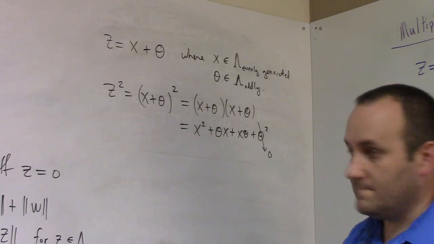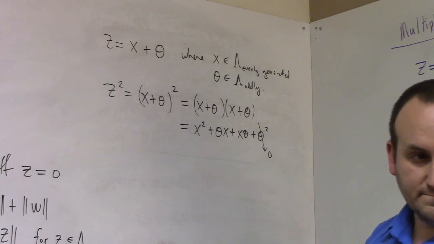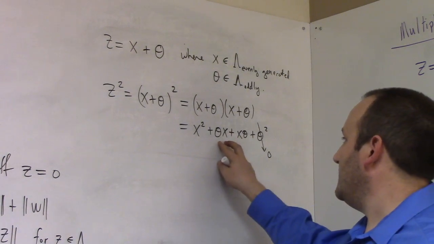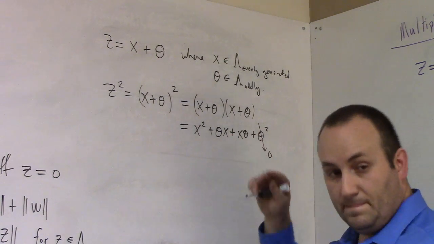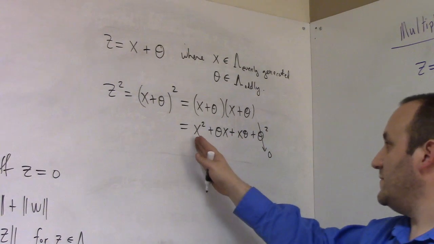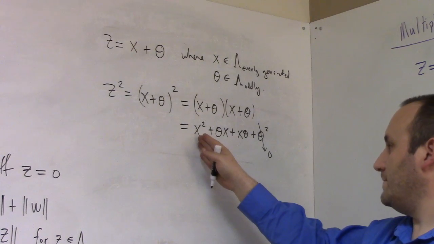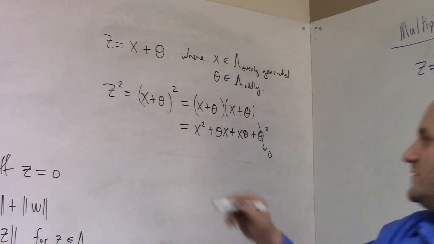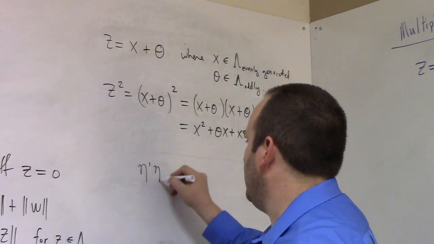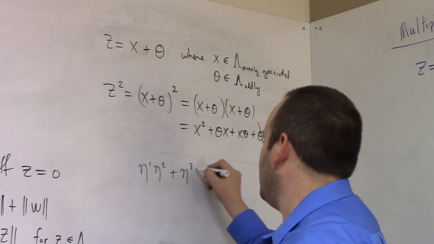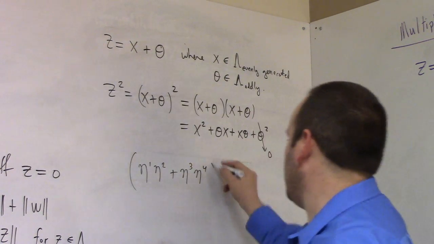Wait, wouldn't the even part also be 0? No. These even numbers commute with everything else. No, I mean the first part, like the x squared. No, because, for example, yes, I used to think that. But then you think about this.